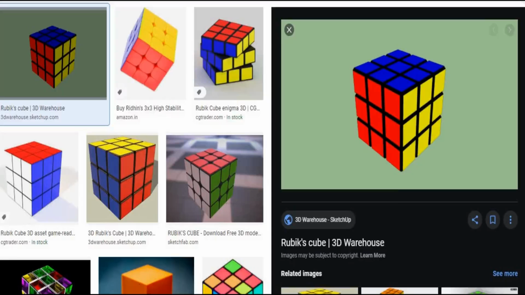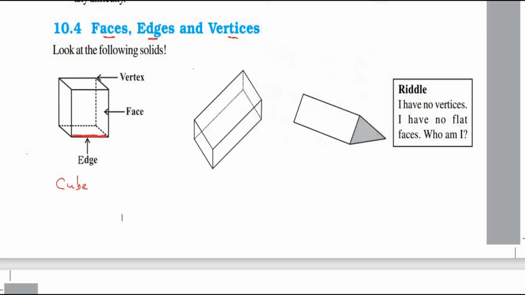The face is what you can see. Like in this picture, the red part you see, the yellow part you see, the blue part you see is nothing but a face. So the flat figure is a face. A face is the flat surface.